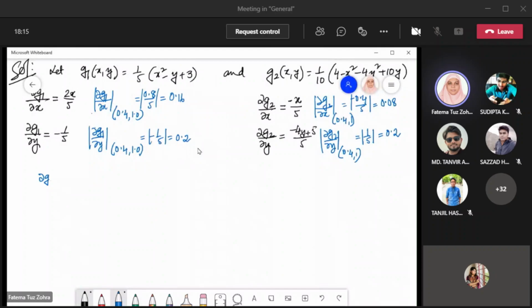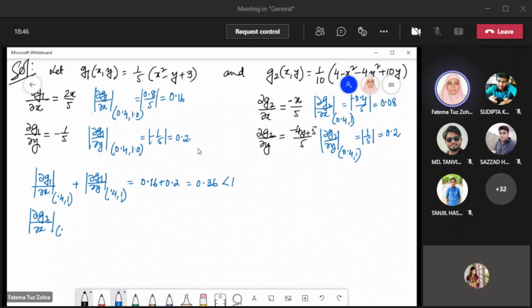So the condition is |∂g1/∂x| plus |∂g1/∂y| at the point (0.4, 1) is equal to 0.16 plus 0.2, that is 0.36, less than 1. |∂g2/∂x| plus |∂g2/∂y| at the point (0.4, 1) is 0.08 plus 0.2, so that is 0.28, which is also less than 1.